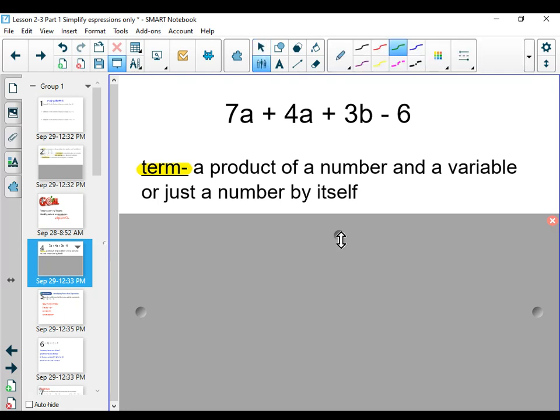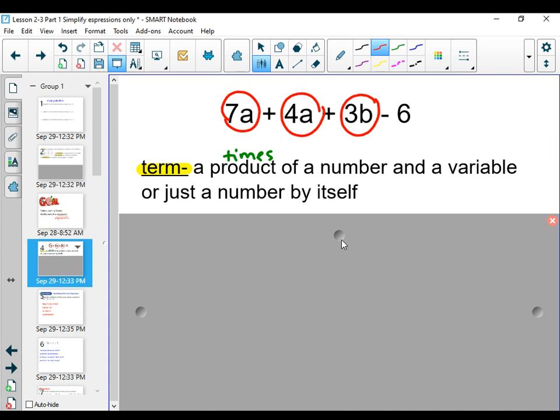So in this expression, a product of a number and a variable. Product means times. I see 7 times a, that's one term. 4 times a is one term. 3 times b is one term.